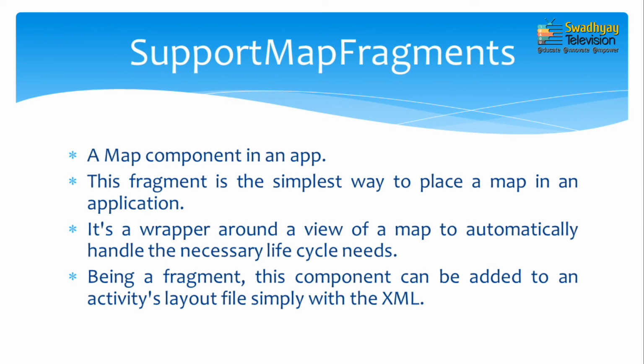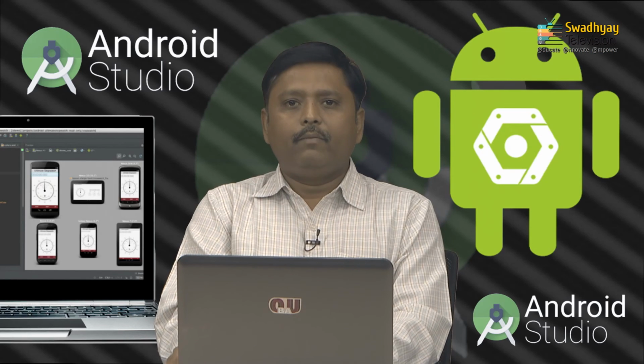Here we place a fragment object for displaying the map. It is a wrapper around a view of the map to automatically handle the necessary life cycle, and being a fragment, this component can be added to an activity's layout file with XML as usual. So, this is all about support map fragment.